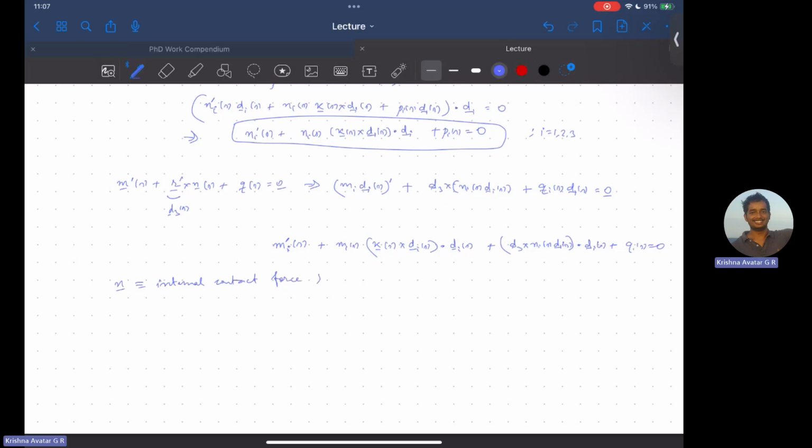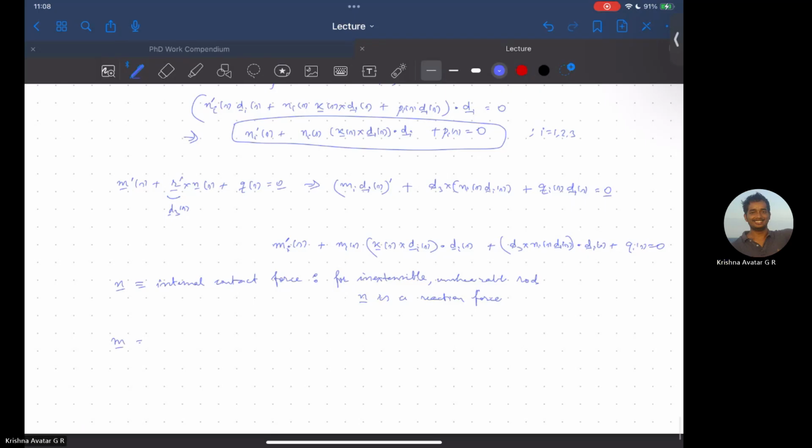Now, if the rod is inextensible, so for an inextensible, unshearable rod, the N vector is more of a reaction force. So it won't depend on, we won't have any constitutive law.